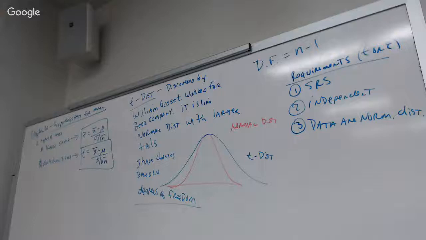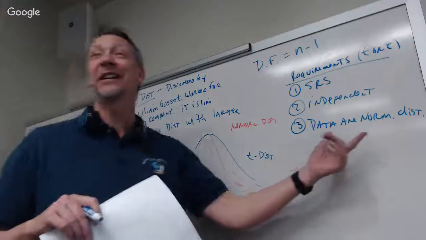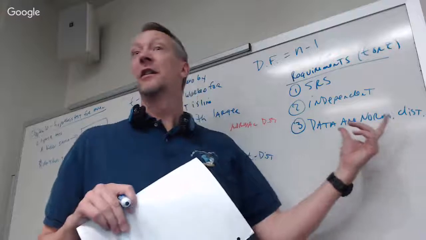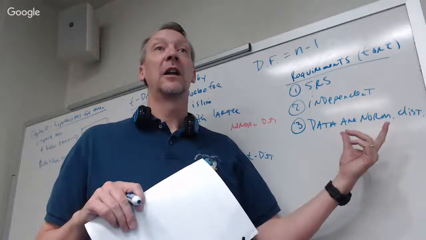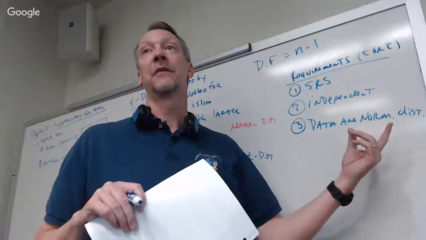What graph? The histogram. Okay, you need to check and make sure your data are normally distributed. Now, what happens if your data are not normally distributed?